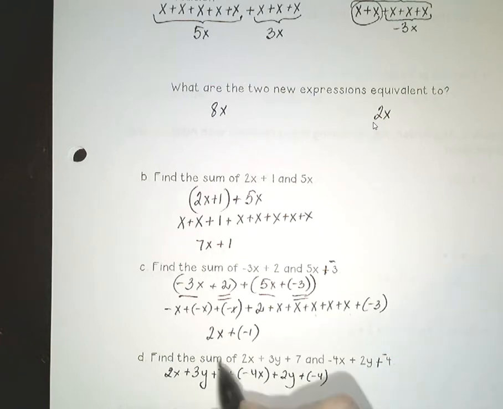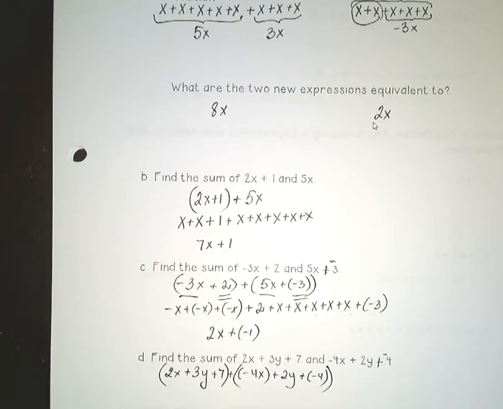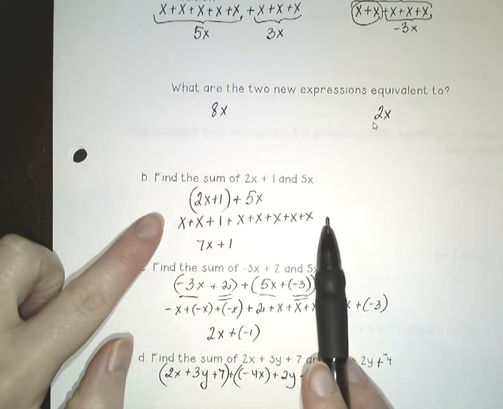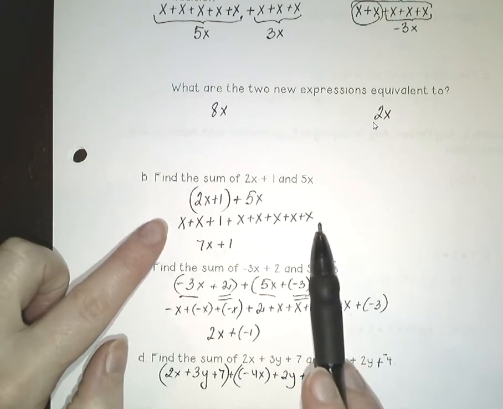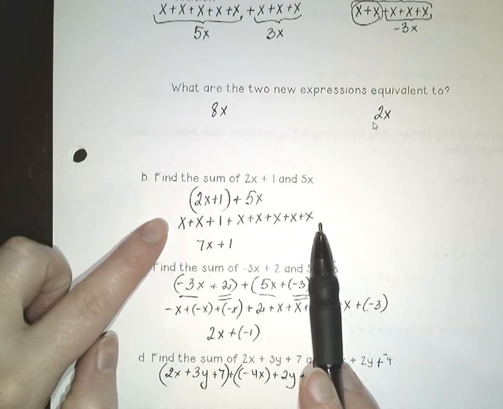I can put them in parentheses to separate them. However, I don't have to because it's going to be the same addition everywhere. So let's try not to expand it, because this is an extra step just for you to understand it. We don't have to do that step unless you understand it. If you don't, please expand it and see it.